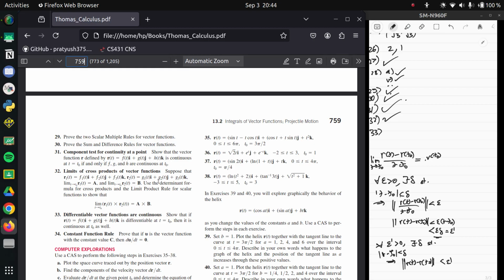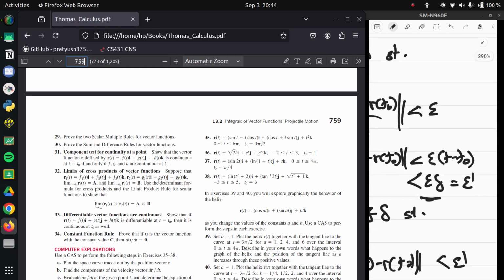I think I'm messing up something, but I probably am getting the gist of it. If I just say this will be less than epsilon, you're pretty much done, right? So you just have to say delta is less than 1. Interesting. Delta less than 1, how do we show that? So for all epsilon this will happen.